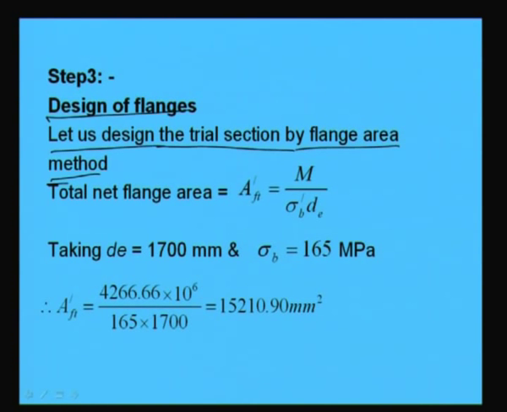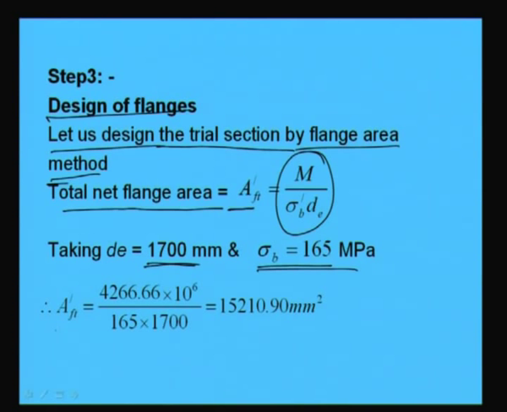From flange area method, as we know, the total net flange area required A'ft is equal to M by sigma b' into dE. Here sigma b' will be nothing but sigma b, that is 165 MPa, and effective depth will become here say 1700 mm, okay. With the trial section we can find out.